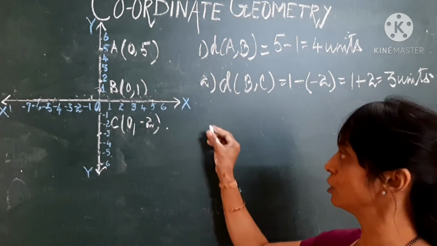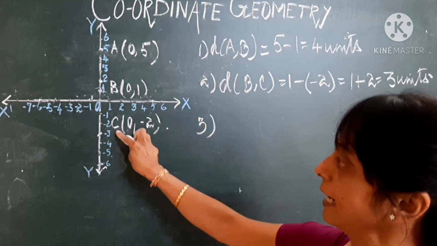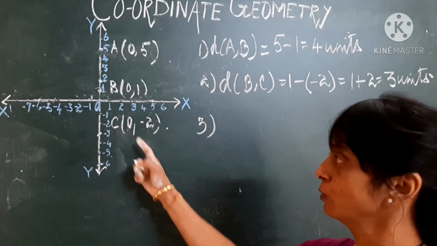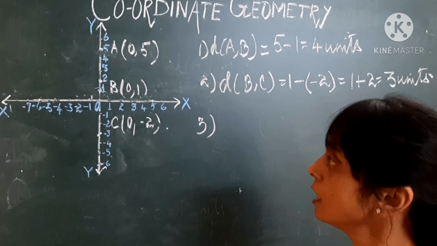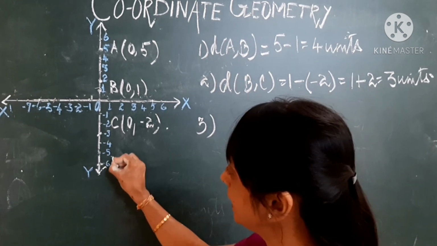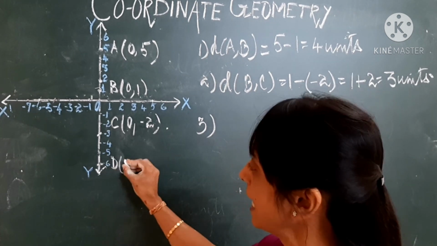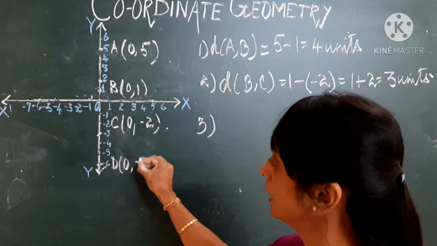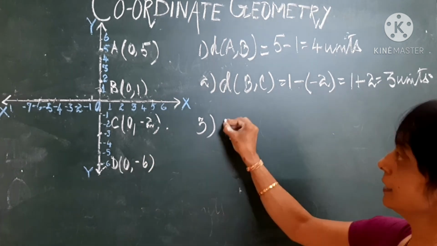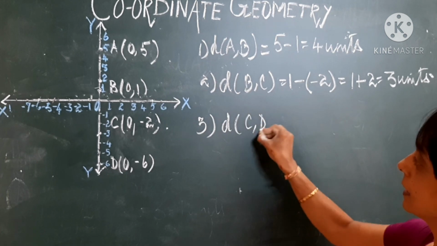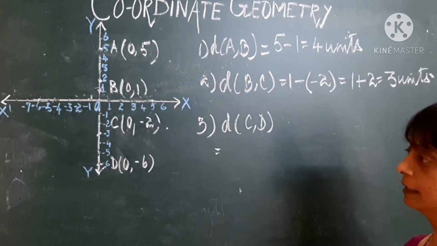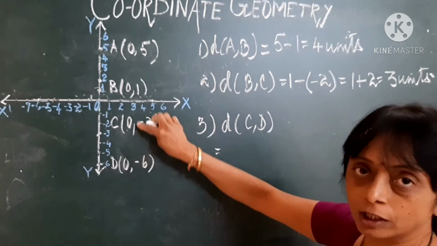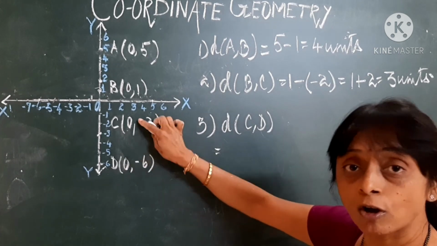Let's take one more, children, where I take the same point C, who's got coordinates 0 and minus 2, and let me take a point D, who's positioned at x-coordinate 0, y-coordinate minus 6. So distance CD will be, now let's concentrate on their coordinates.